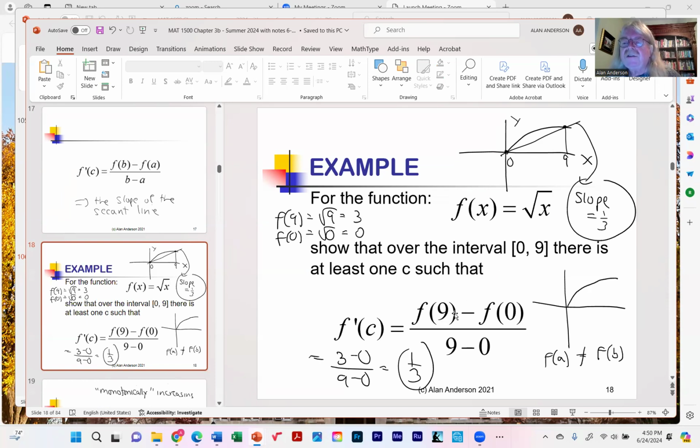But f of 9 is 3 because it's the square root of x. f of 0 is just 0. So you can see down here, it's 3 minus 0 over 9 minus 0, which is a third. So that means the secant line here between the two endpoints has a slope of 1/3. And so we can find another point in here where the tangent has a slope of 1/3.